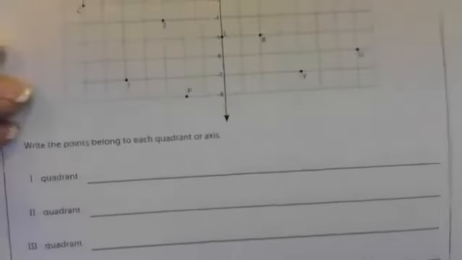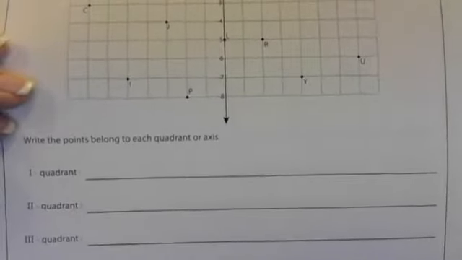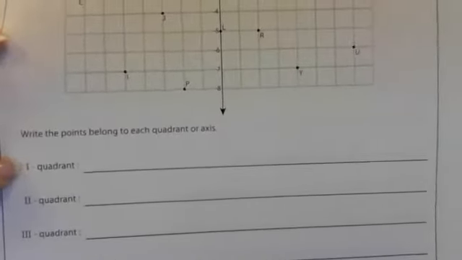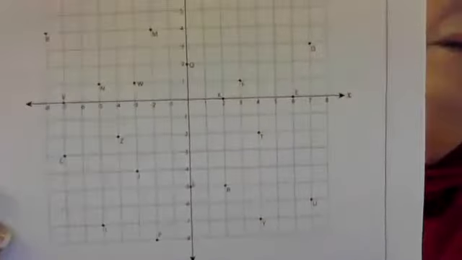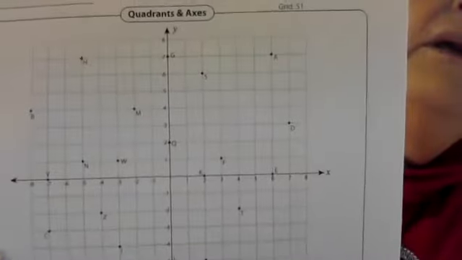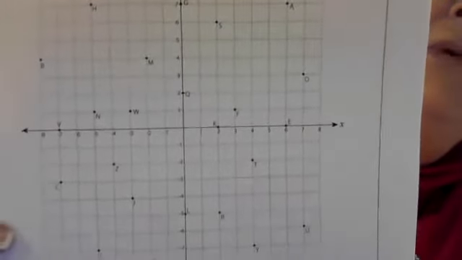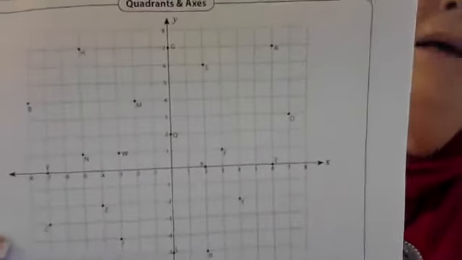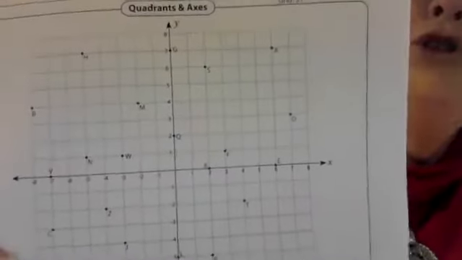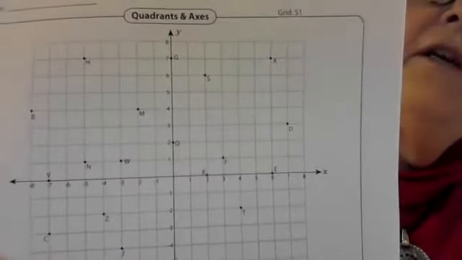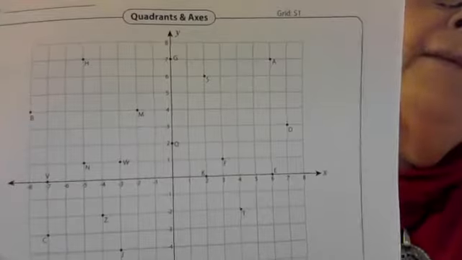The question down here says, write the points that belong in quadrant 1. Okay, so which one is quadrant 1? Top right. So what would you name for the points that are in quadrant 1?